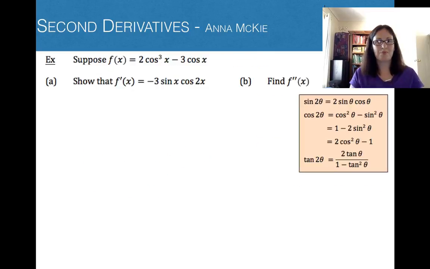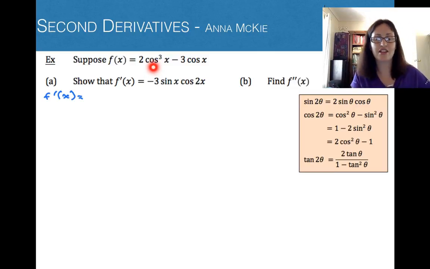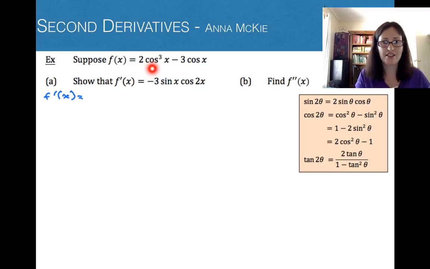One more example using trigonometry. First of all, we need to differentiate first and show that it's equal to this. So let's apply the rules. We have our first derivative. Looking at this cos function, you're going to need the chain rule to differentiate that.